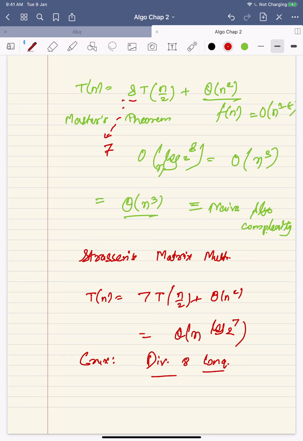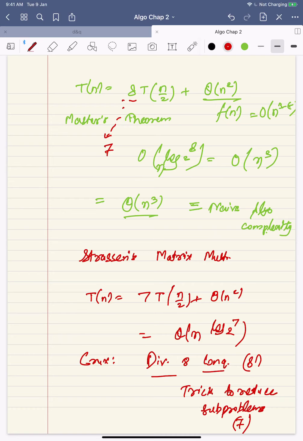So then use some trick to reduce subproblems. First came divide and conquer, where you have 8 subproblems. Then a trick to reduce subproblems, you get 7 subproblems, and you get a better and more efficient algorithm. Now before I go further, I think these two are very interesting.